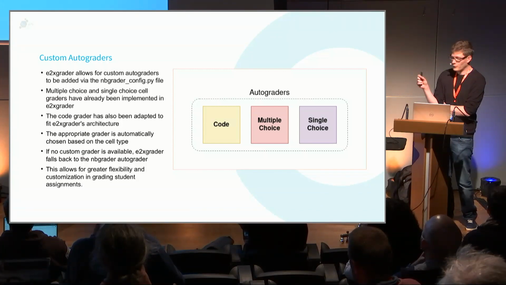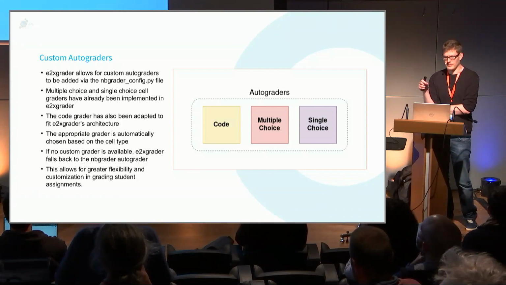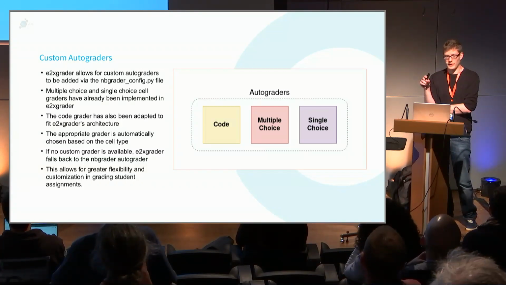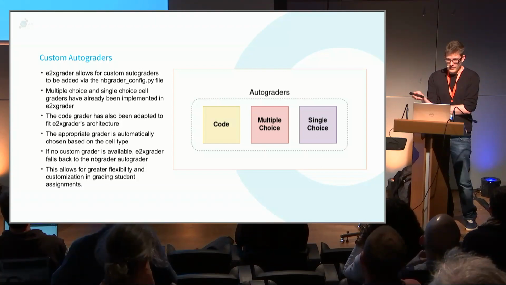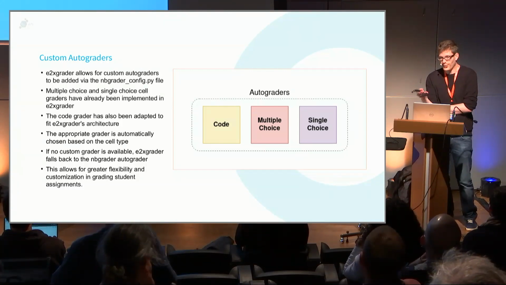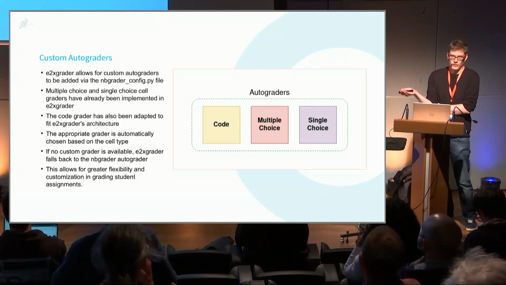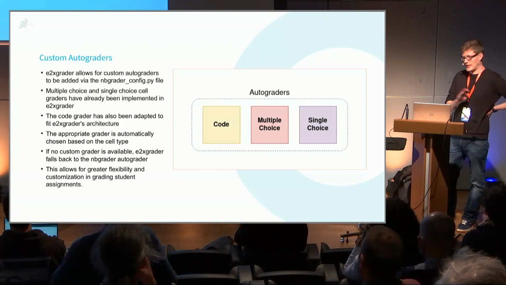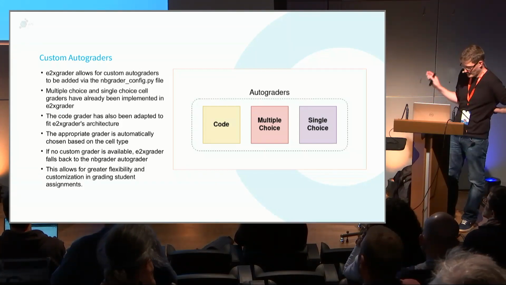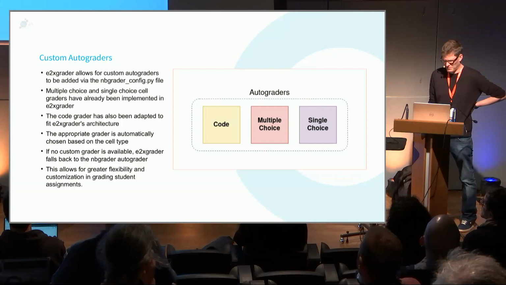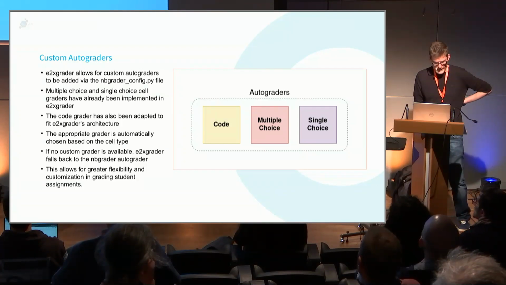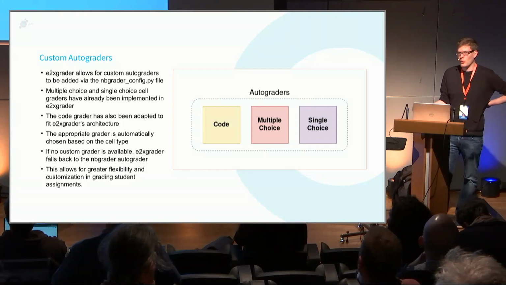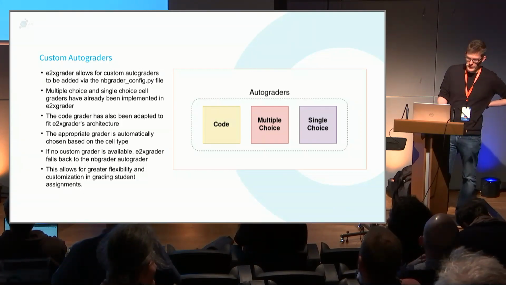And for this, you just need to implement a single class with one method, which is determine grade, where you get the original cell, how many points the cell could be worth, and then you just produce a certain grade, so a certain number of points. You don't have to understand anything about the deeper process. For multiple choice graders, it's like 8 lines of code. And if none of these custom graders is available, then you always fall back to the standard autograder from Nbgrader.